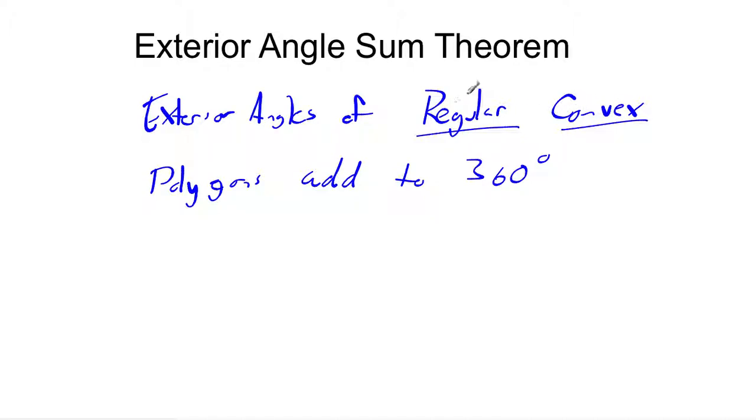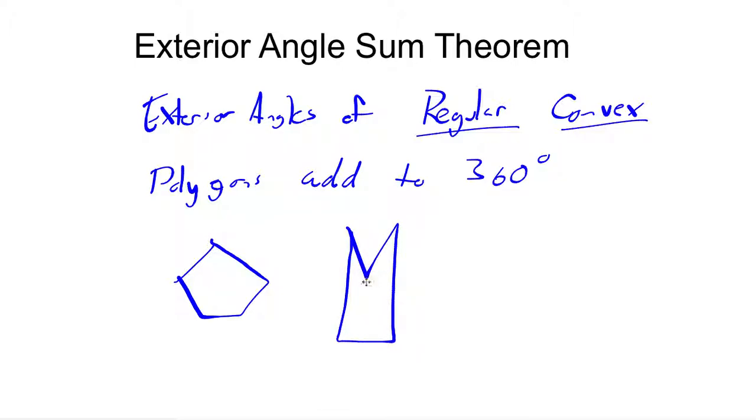Don't forget, convex means that no angle on the inside is greater than 180. So a pentagon, right? Each angle is less than 180, but if I had a shape like this, notice this angle in here is not convex. This is concave. This is convex.